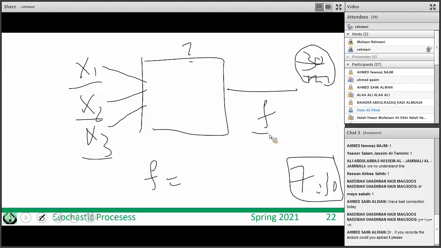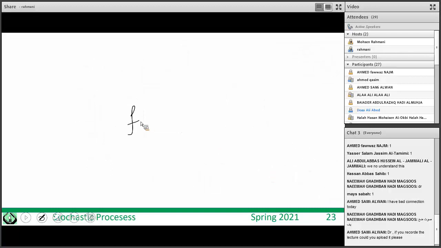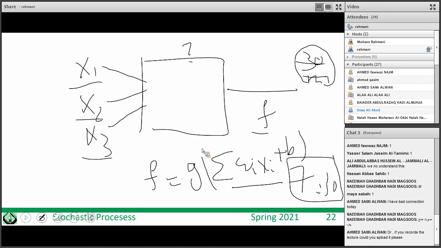For example, I say that f is g of sigma of wi in xi.